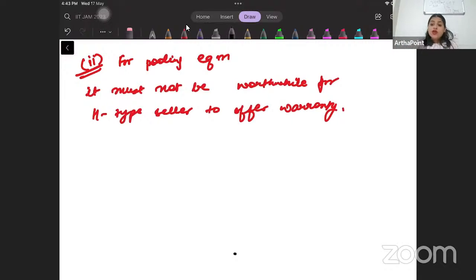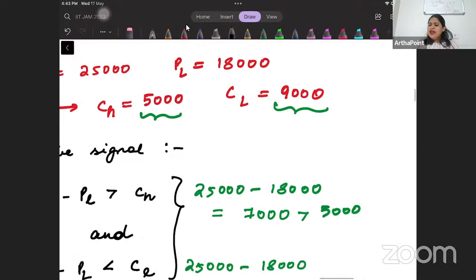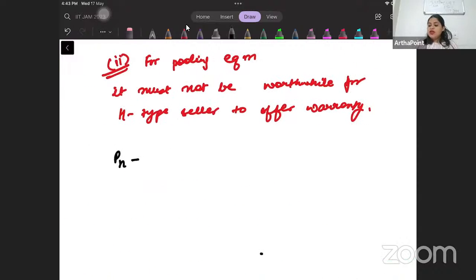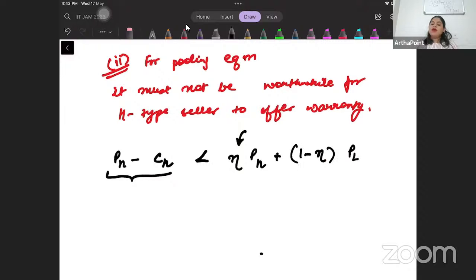So बेटा the condition for this is, अभी याद है हमने PH minus PL की एक कंडीशन लिखी थी इफेक्टिव सिग्नल के लिए. तो for this we want that जो भी हमारा नेट अमाउंट बच रहा है, the price of the matrix minus the cost that I'm incurring for warranty, it should be less than the pooling amount. और pooling amount कैसे निकलेगा? जो भी amount, so these many high type sellers are there into price of high type seller plus these many low type sellers are there into price of low type seller.